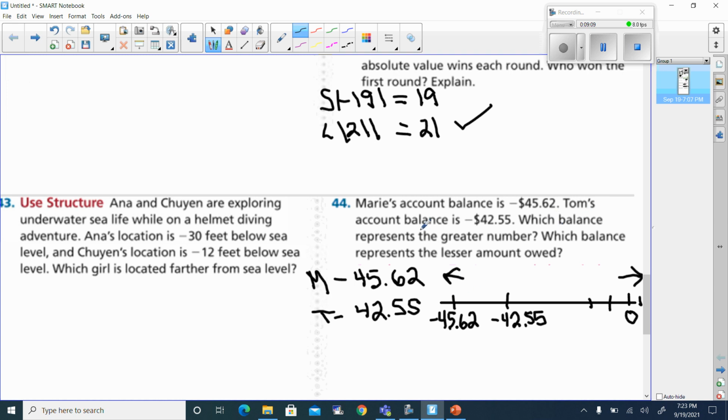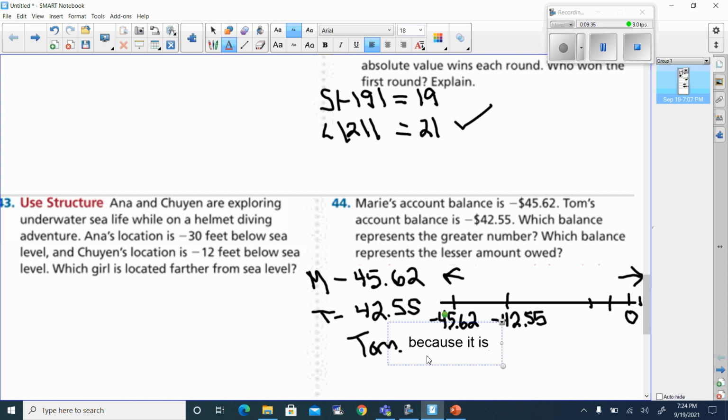So which balance represents the greater number? Got to be Tom's, because his is towards the right, because it is more to the right on the number line.